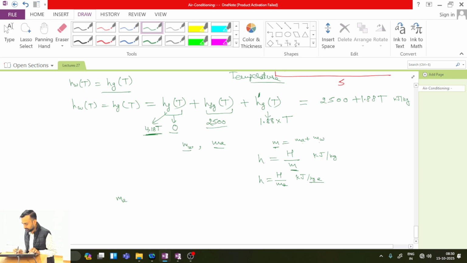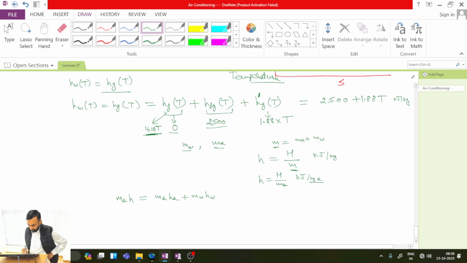So what will be the total enthalpy of moist air, written in terms of kilojoule per kg of dry air? I can simply write the total enthalpy as MA into small h. MA into small h will be equal to the mass of dry air into the enthalpy of dry air plus the mass of water vapor into the enthalpy of water vapor.